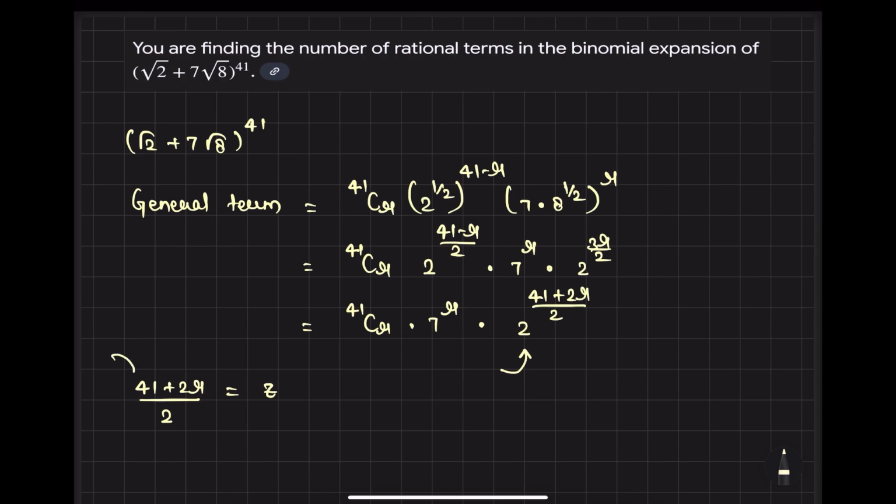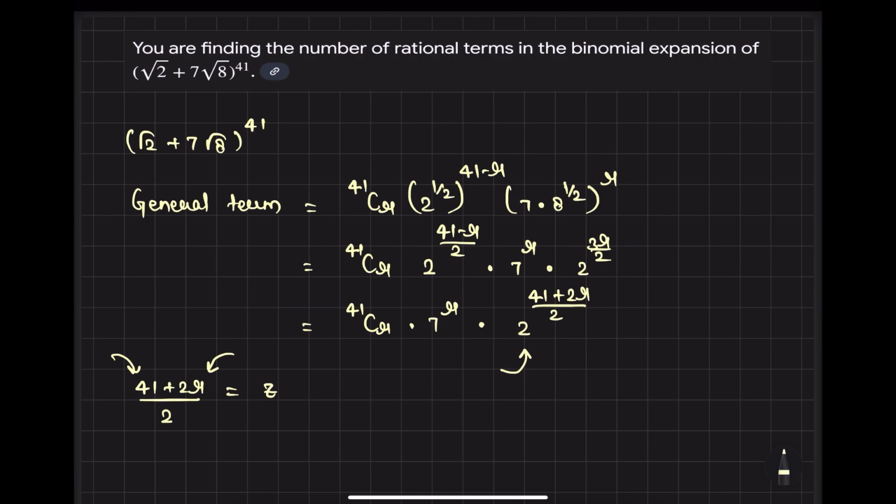Now look at this. This 41 is an odd number for sure. This is an even number for sure. For any R, you know R will be a whole number. So R can be even, R can be odd. But if you multiply it with 2, it will become even.